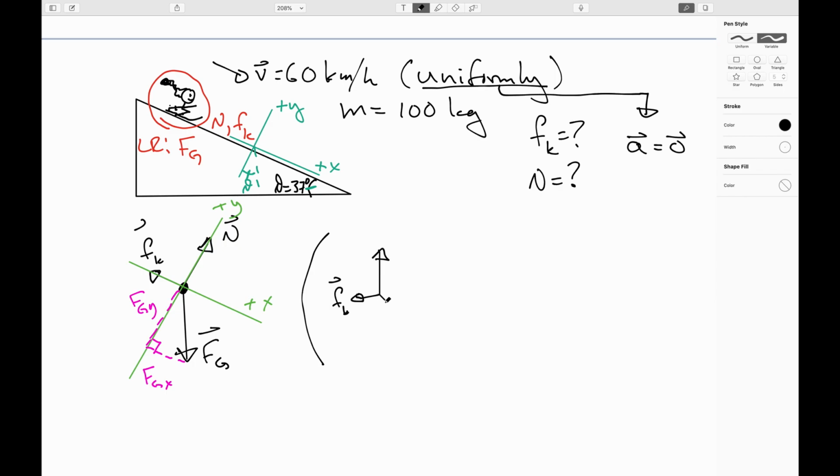If you're doing this on a piece of paper, you can literally rotate the paper through the angle after you've drawn the free body diagram to get something like this. And then that will make it easier for you to pull off the X and the Y components of gravity if you prefer to do it that way.